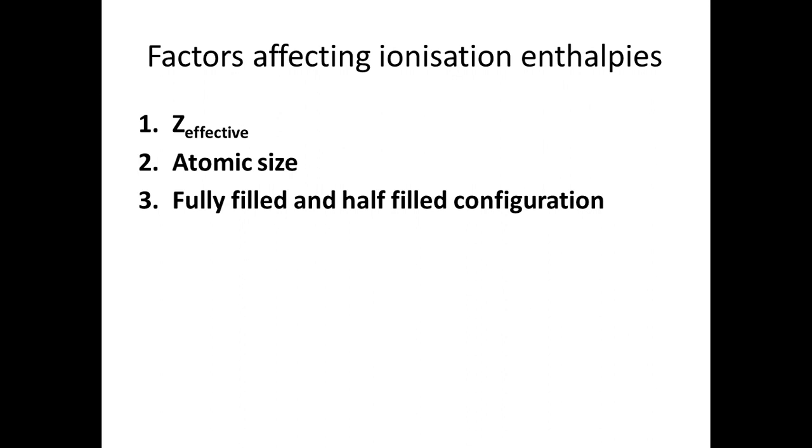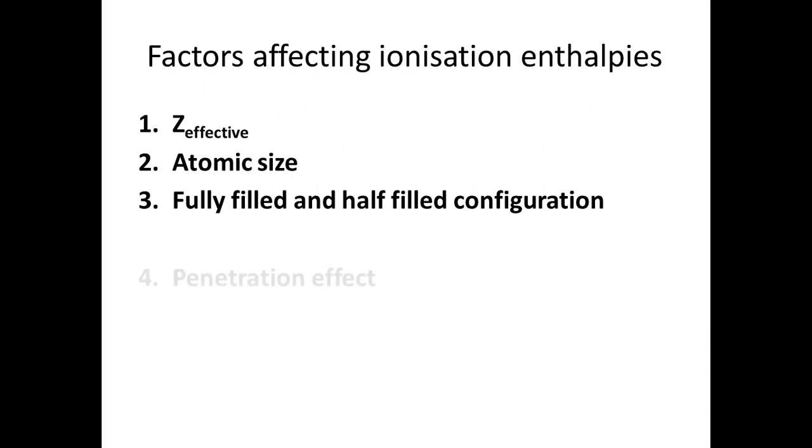The next factor is fully filled and half filled configuration. Suppose an element has a fully filled or half filled configuration in its valence shell. Both types of electronic configuration are considered quite stable, and at that time we have to supply more and more ionization enthalpy.